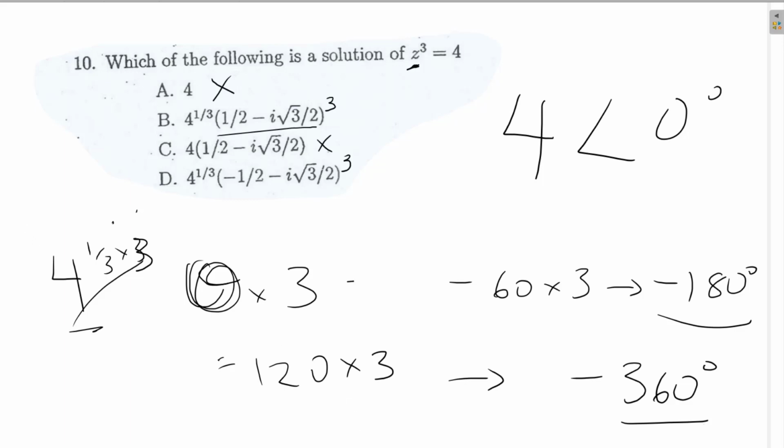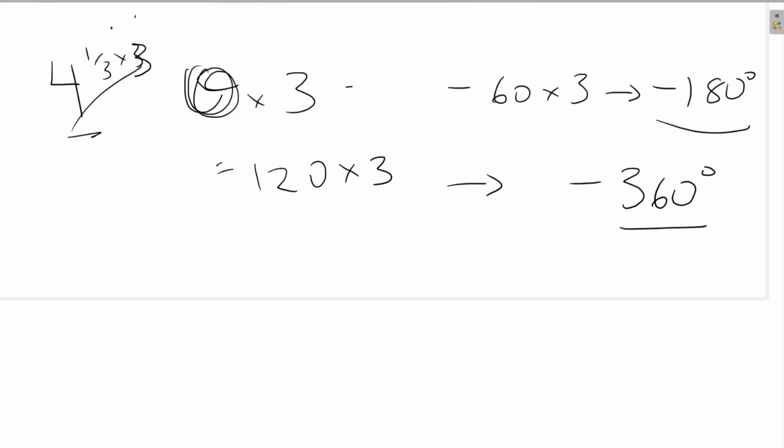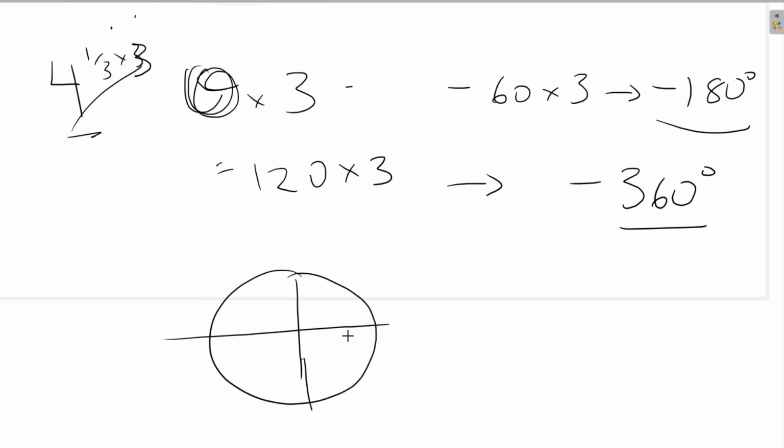Well, you know that complex numbers can be represented on the Cartesian plane, right? Real numbers are numbers lying on the x-axis, meaning having an angle of 0 degrees with the positive x-axis. So as long as the angle with the x-axis is 0 degrees, we have a real number.